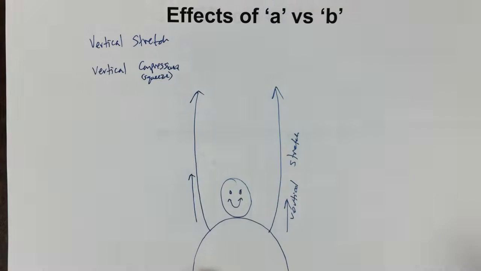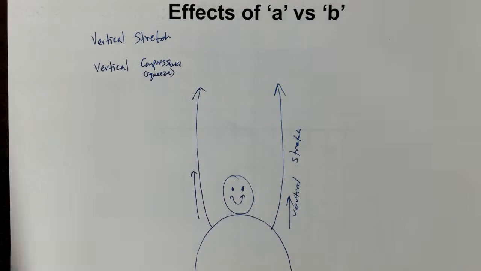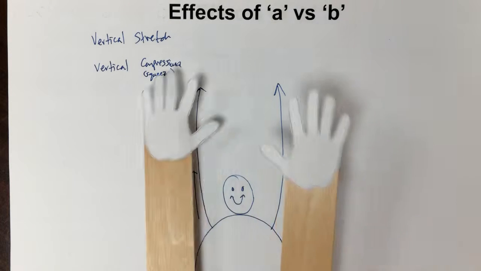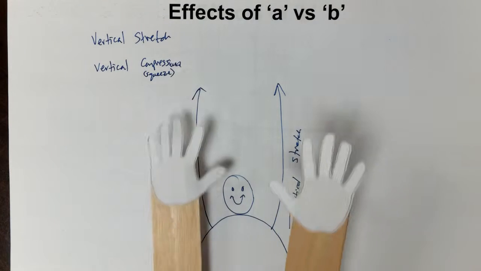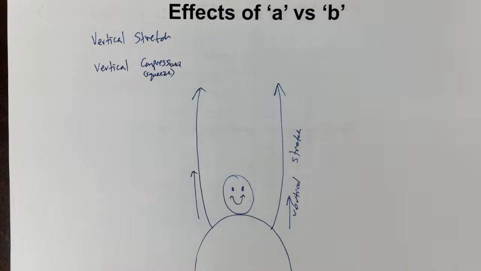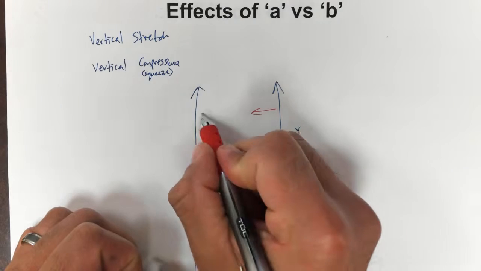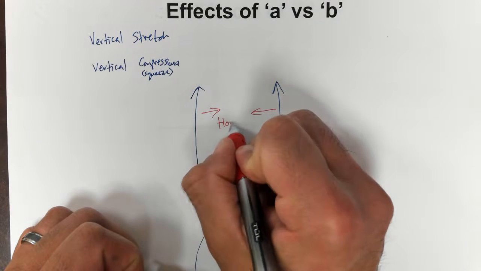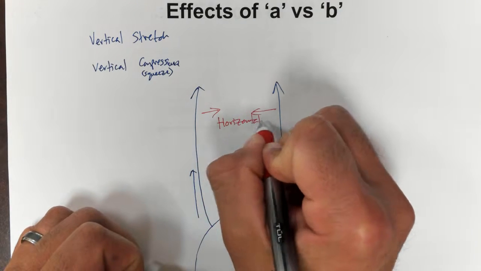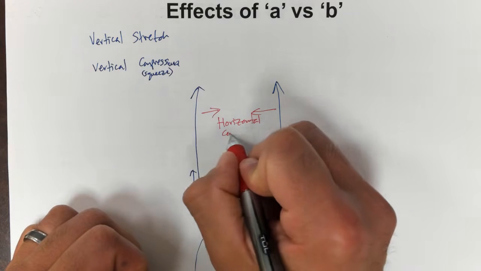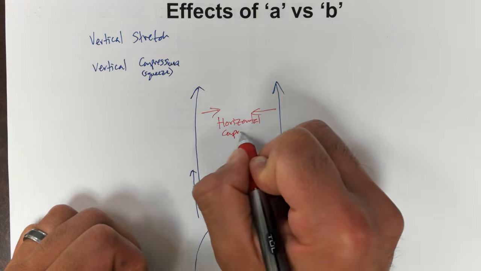You're going up. Now, what is happening horizontally while you're doing that, right? The higher you go, your hands get closer and closer together. You start here and you start to stretch. So horizontally, what's occurring here is you're actually going to be compressing. This is a horizontal compression because your hands are squeezing closer together.